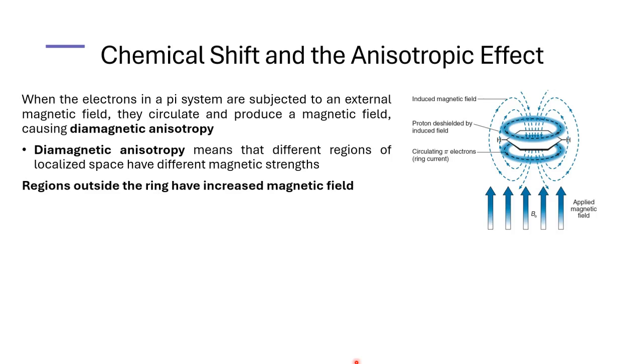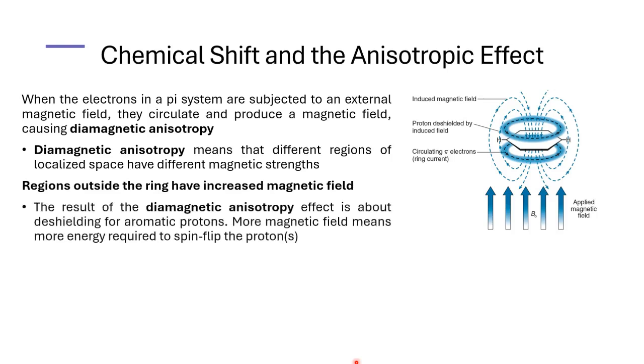Regions outside the ring will sense an increased magnetic field. The result of the diamagnetic anisotropy effect is deshielding of aromatic protons. More magnetic field means more energy is required to do the spin flip of those protons. Aromatic protons will then appear at about 7 parts per million.